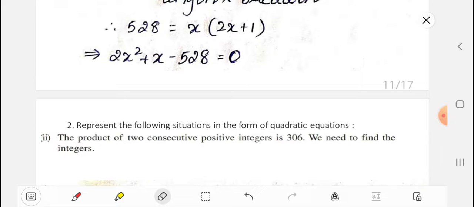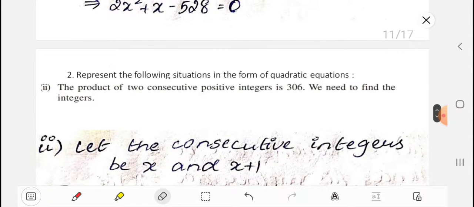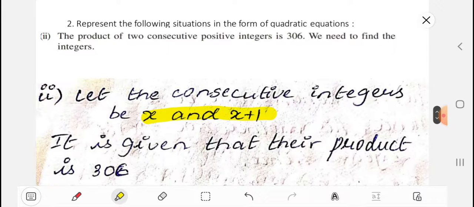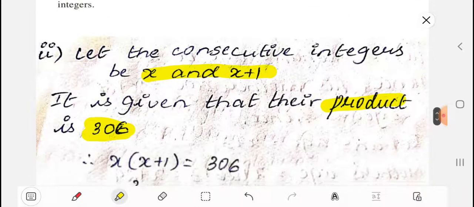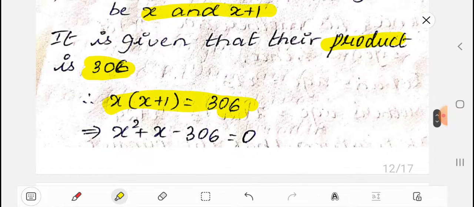Third time you are reading the question, take a pen and paper. Let the consecutive integers be x and x plus 1. Given their product is 306. Product of x and x plus 1 is 306.